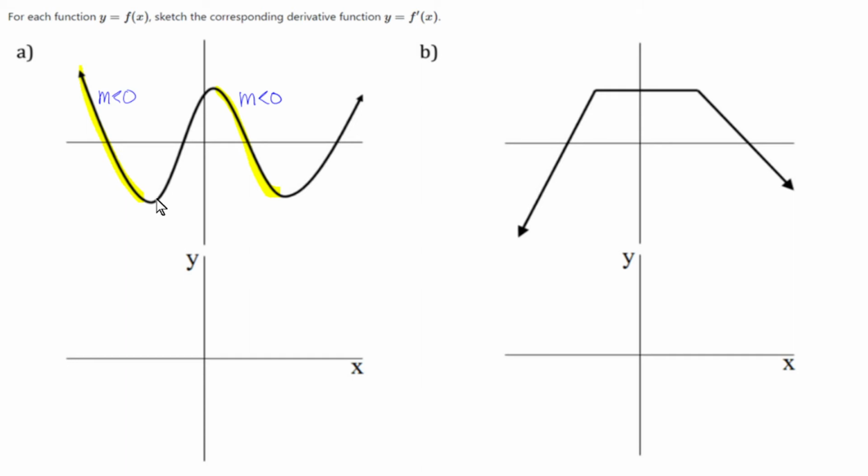As we are moving away from this turning point towards this turning point, the slope would be positive. And same thing over here. This would be a positive slope. At the turning points, so right here, here, and here, the slope will be equal to 0.